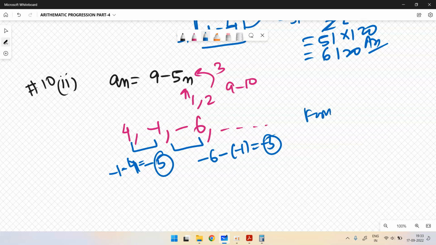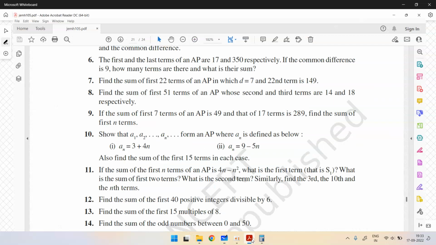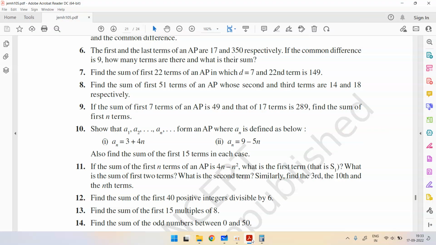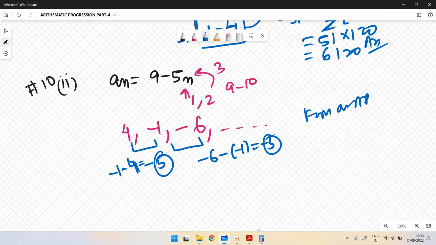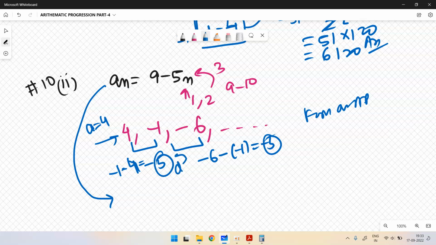Now it is asking us to find the sum of the first 15 terms. From this series, the value of a is 4 and the difference d is minus 5.